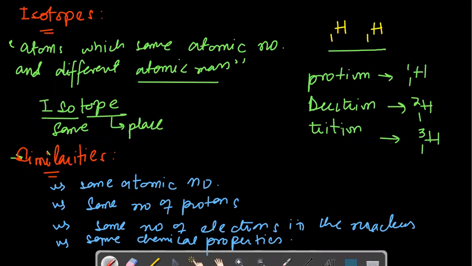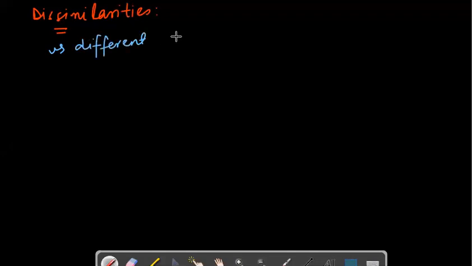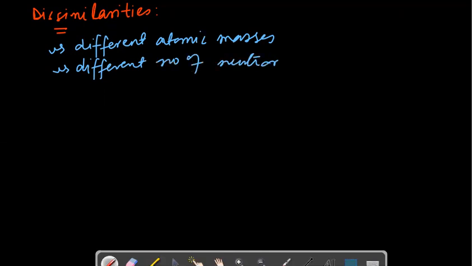If we talk about the differences, the dissimilarities of the isotopes, the very first dissimilarity is that they have different atomic masses, which indicates that they have a different number of neutrons, which shows that they will have different physical properties.